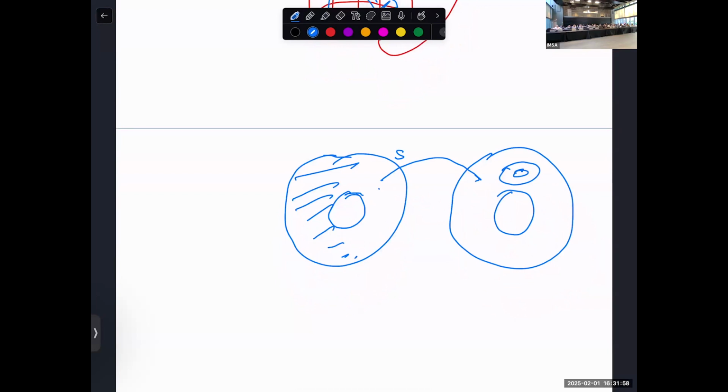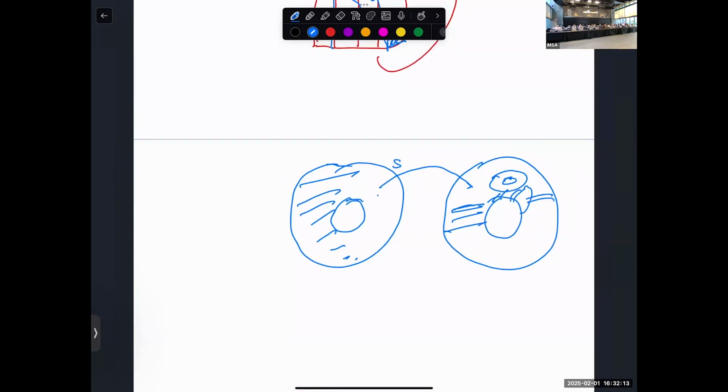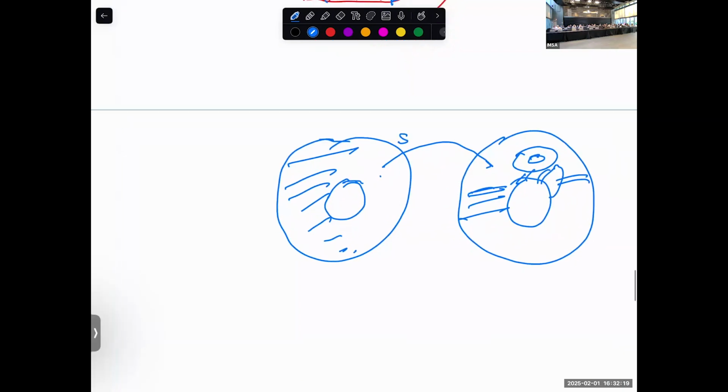That means for my dividing set, it looks like a difference between one solid torus minus another solid torus, and you identify the boundary. So this is the type of construction which you can do.